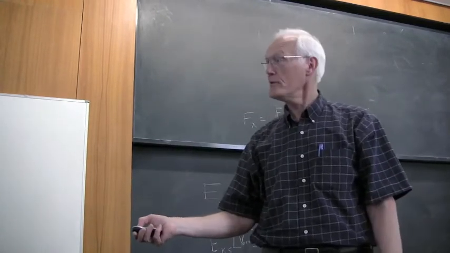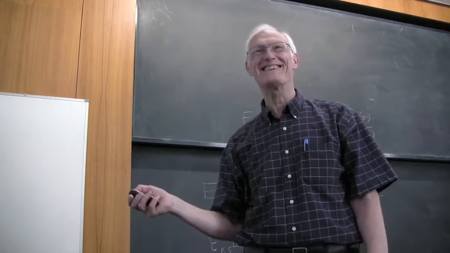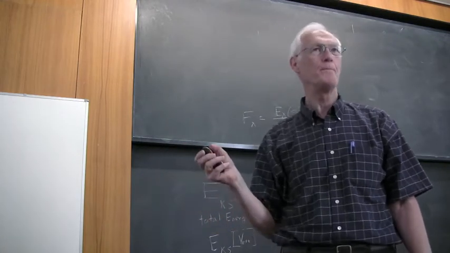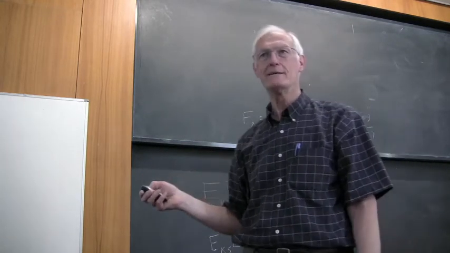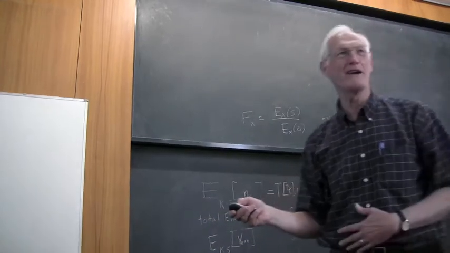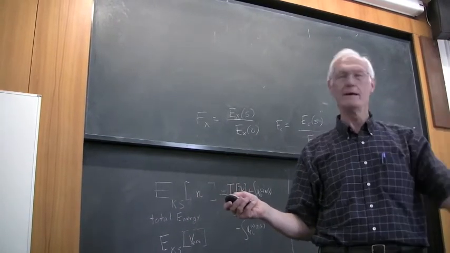And it's almost true that the correlation is not that important a factor. The exchange has gotten to be the big number and real problems. Isn't that amazing? Amazed me. You come from a condensed matter background and you think, oh, exchange is easy and correlation is hard.